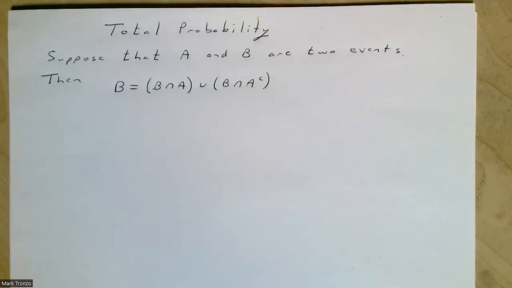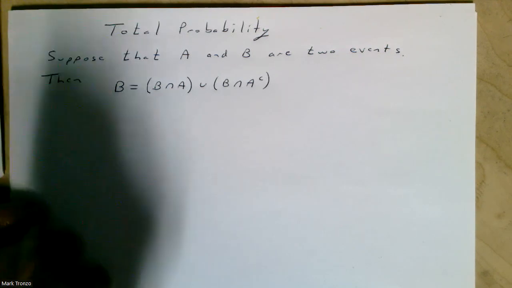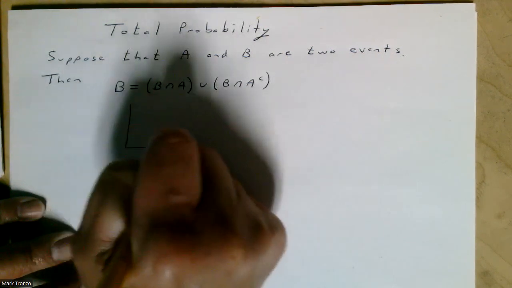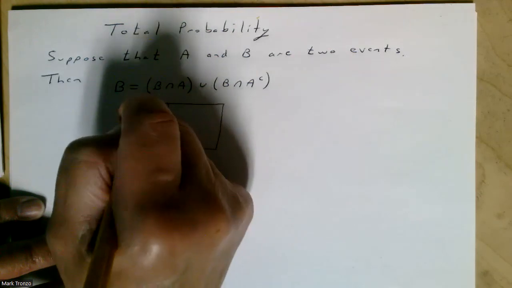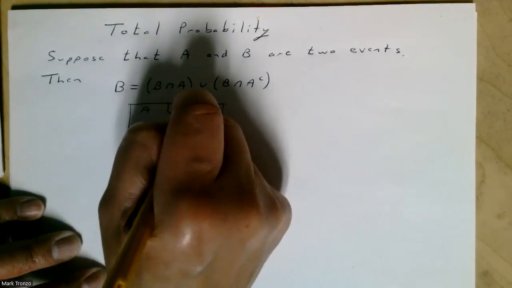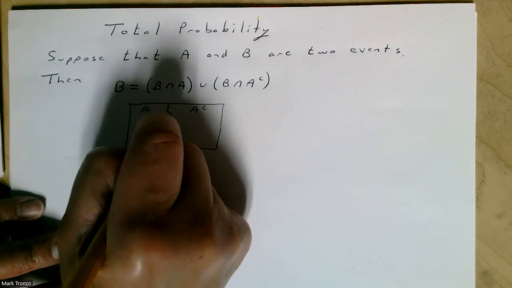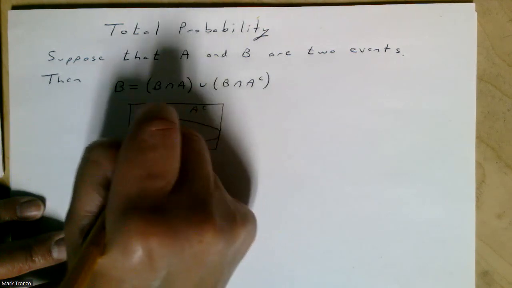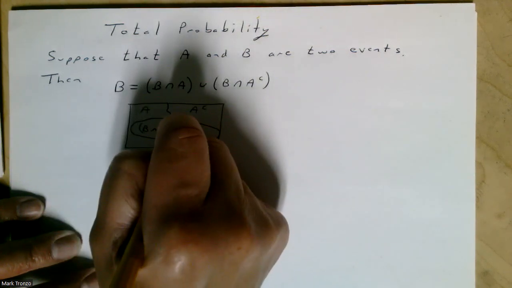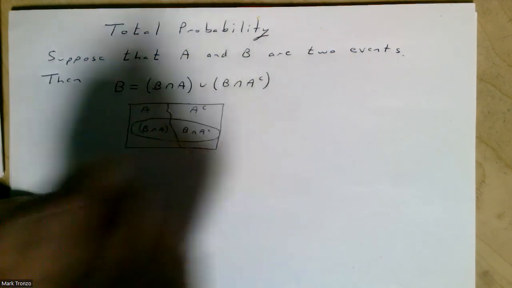We've sort of touched on this before. If you remember, we had that little diagram. Say we have maybe A over here and A complement, and then B intersection A over here, and then B intersection A complement over here.